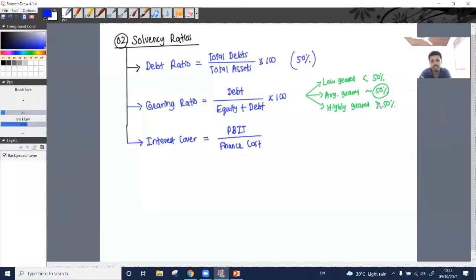We have to incur a huge interest expense, and our profit will be eroded as a result. අන්තිමට net profit එක අඩු වෙනවා. That is one adverse impact if we are highly geared and go for higher debts.